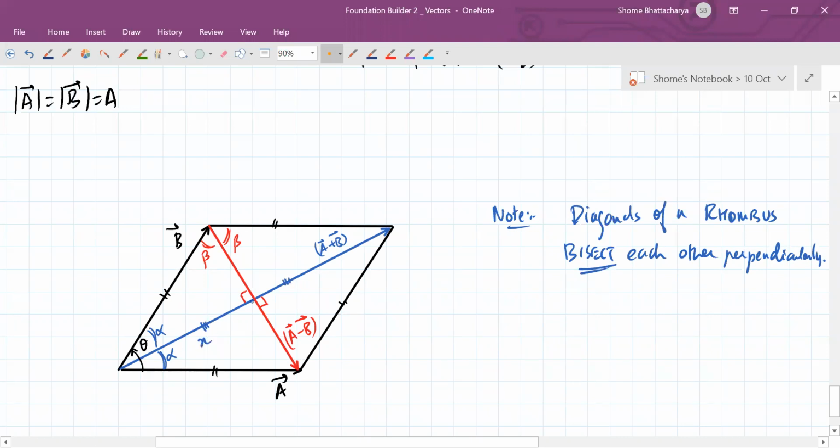So if this side is x, this side is also x, and similarly this is equal to this. The two diagonals are bisecting each other perpendicularly.